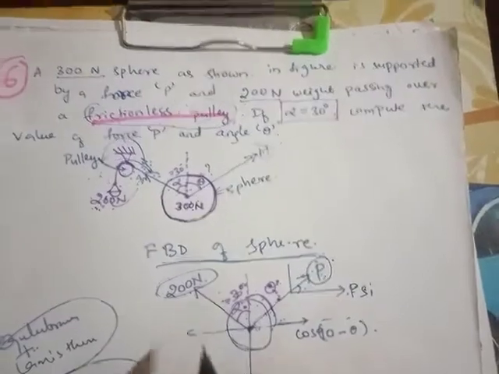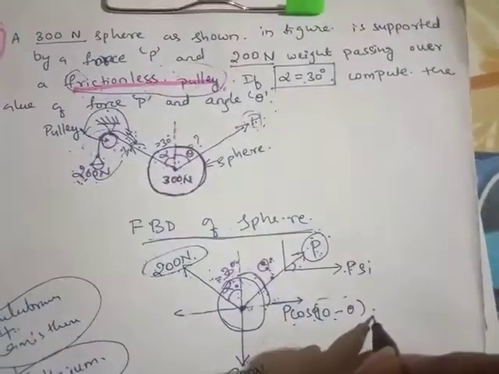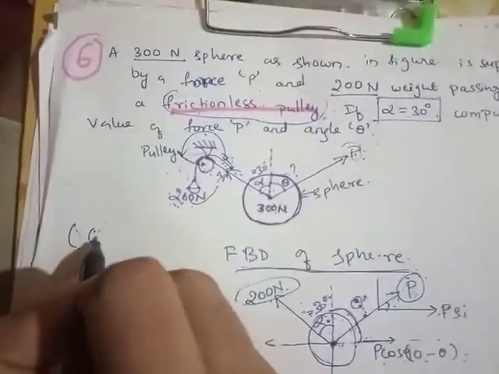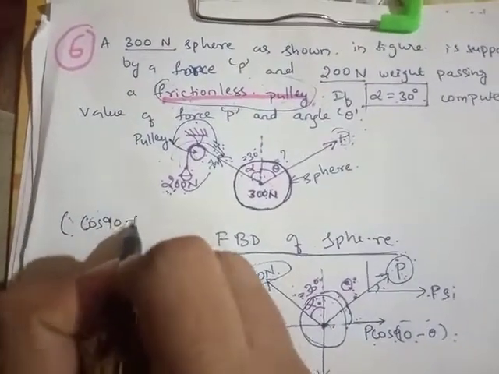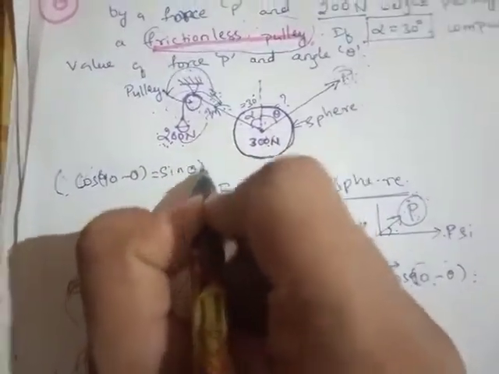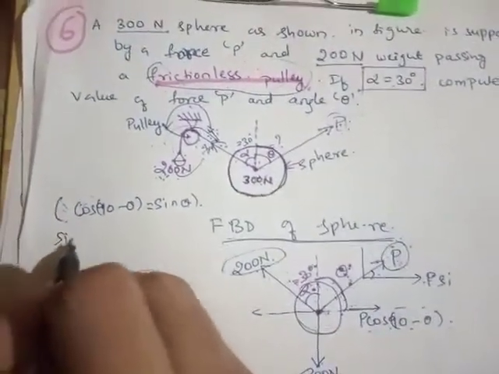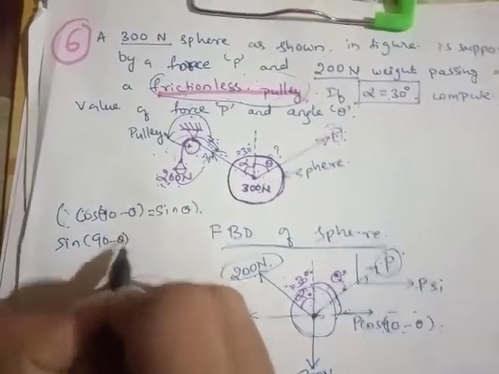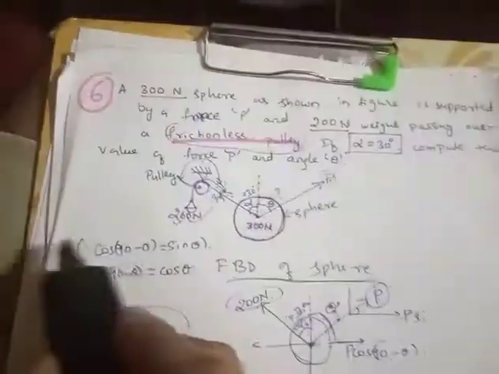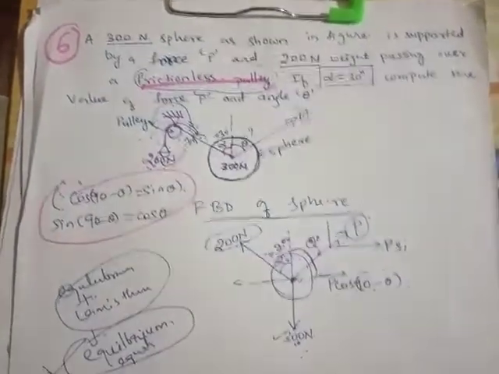Here also the same, P cos 90 minus theta. From the trigonometric property, we know that cos 90 minus theta is equal to sin theta. Similarly, sin 90 minus theta is equal to cos theta. It is from trigonometric functions.